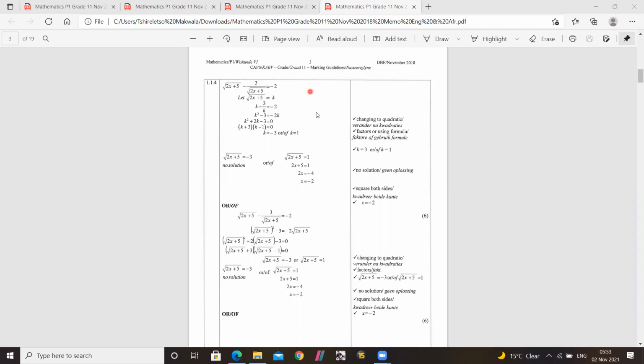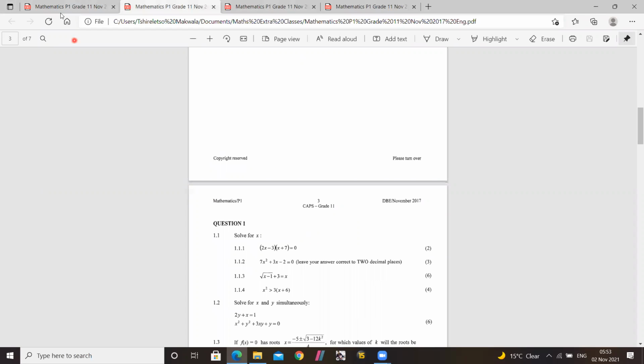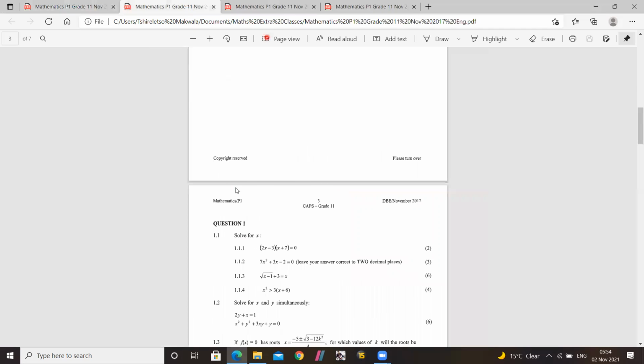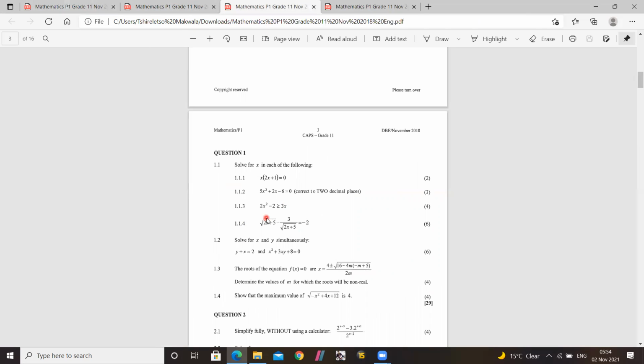Let's check if we have an example here. They don't. Do you see for 2016 question one? They had this square root type. You just have to take this term to that side, then you can isolate the square root, so you can do it the same way as I did in 2017. But where you can't isolate it, you can't do it the same way.